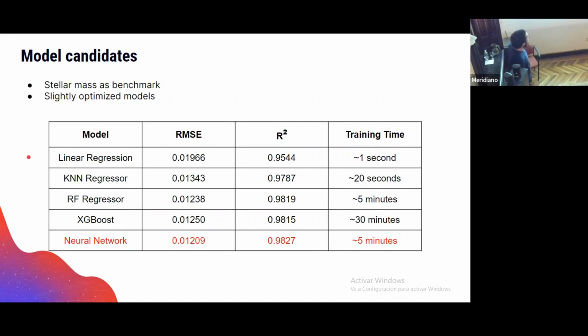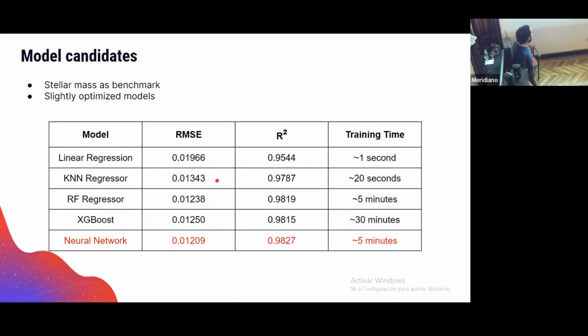The simplest one is linear regression, so basically trying to fit a line through our data, and then we use KNN regressor, random forest regressor, XGBoost, and finally neural networks. And we see that for the errors, there is the root mean squared error. The root mean squared error is a notion of error of the data, where the lesser the value, the better. So we want to minimize the root mean squared error, and we want to maximize the R squared, which is a value that goes from 0 to 1.